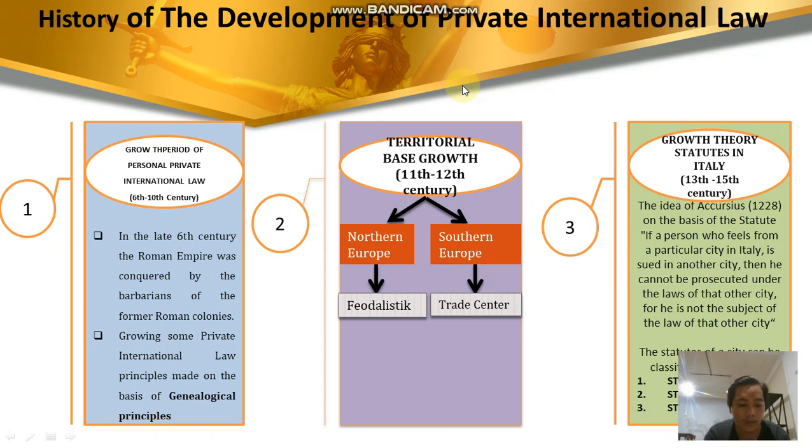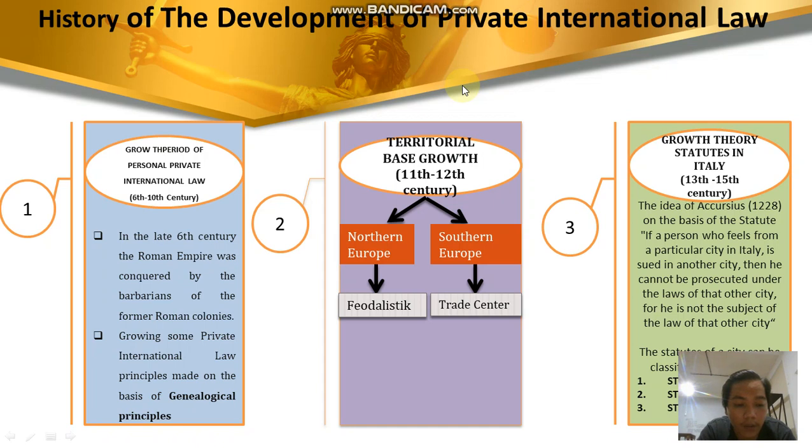The former Roman territories were occupied by various ethnic groups that were genetically and non-territorially distinguished.